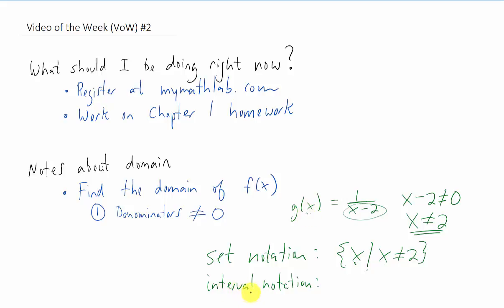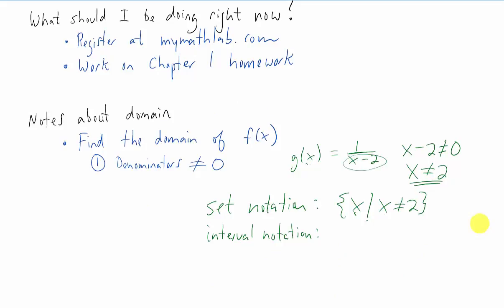Interval notation is just another way to say the same exact thing. And when I think of interval notation, I think of an actual interval. I draw it out here, 0, 1. And what I think is I can plug any x value I want into that function except for x equals 2.